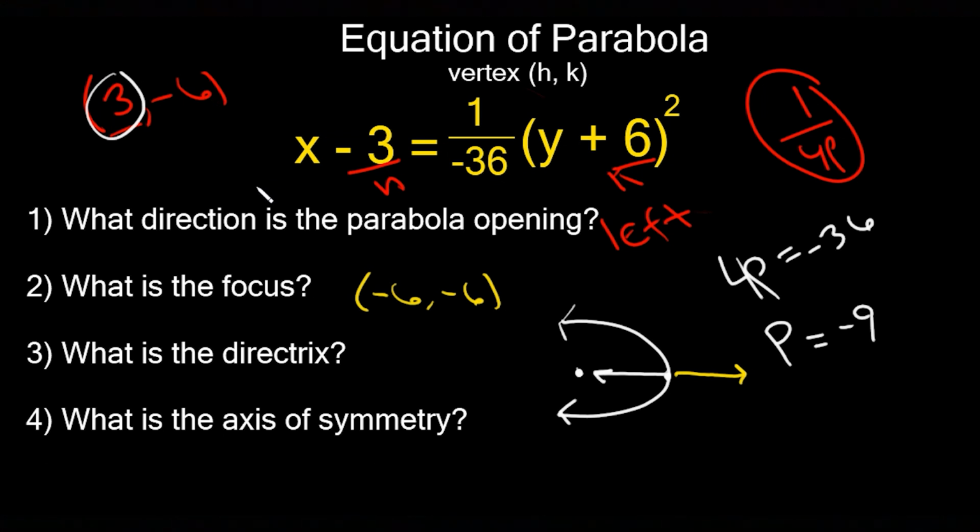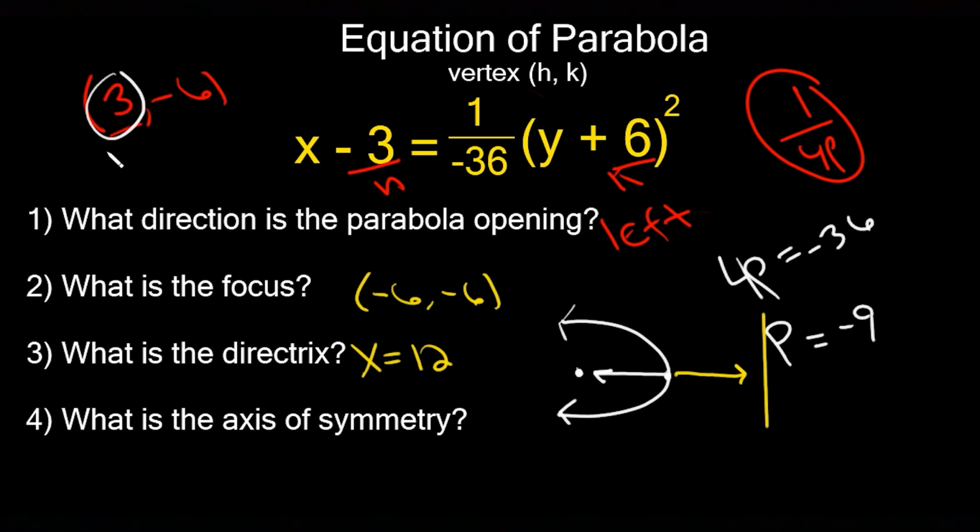So I can represent my directrix with a vertical line since my parabola is horizontal, right? There's going to be a vertical line here being my directrix. And we're going to call that line x equals positive 12. Again, just applying that distance of 9 to my x value of that vertex, right?